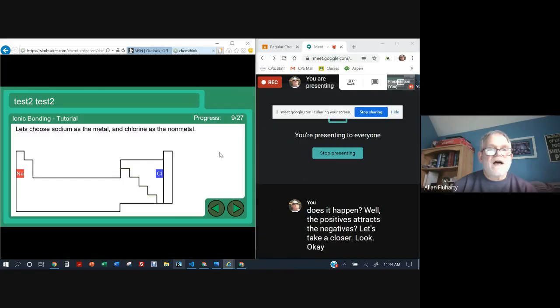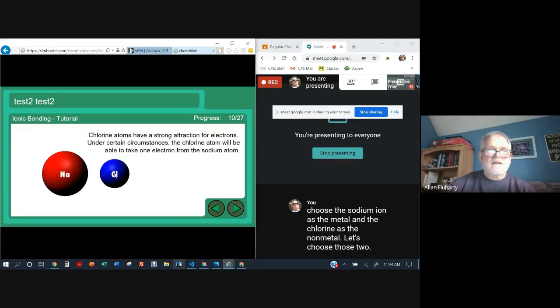Choose the sodium ion as the metal and the chlorine as the nonmetal. Let's choose those two. Now, notice how the chlorine atoms have a strong attraction for electrons. Under certain circumstances, the chlorine atom will be able to take one electron from the sodium atom.